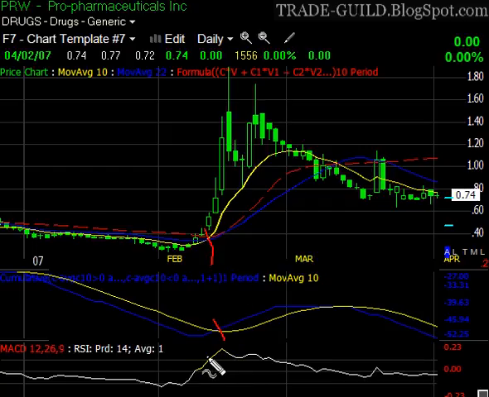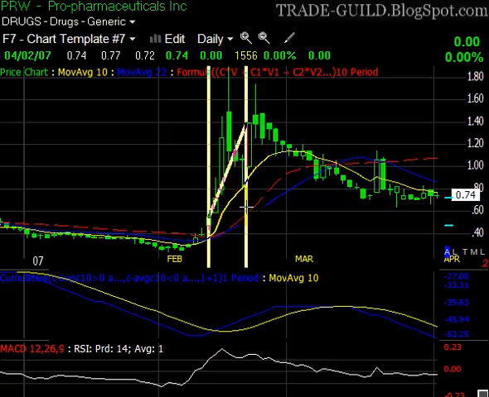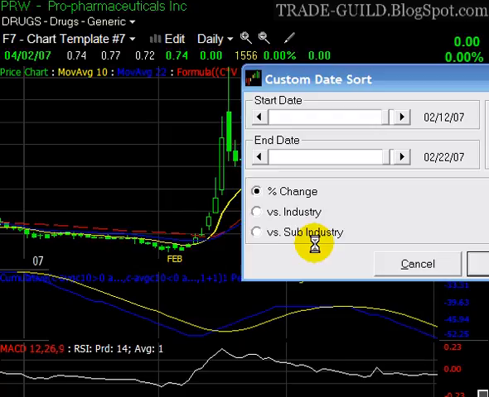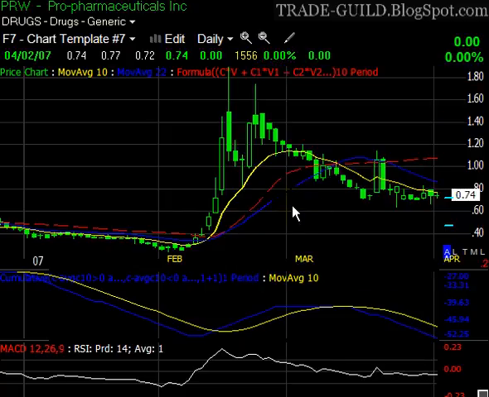Boom, boom, boom. The move started a little bit, but that buy signal kicked in right in there. Let's see what that move was worth from that buy signal, about there, up to that high. It's a 150% move, so that's pretty cool, I think.